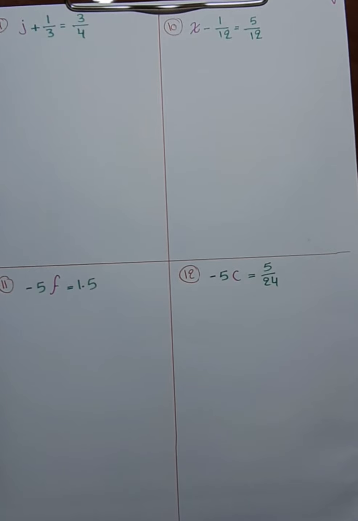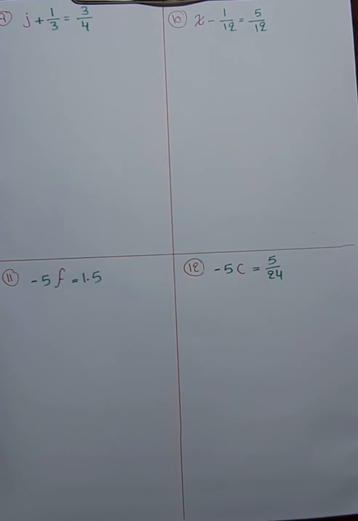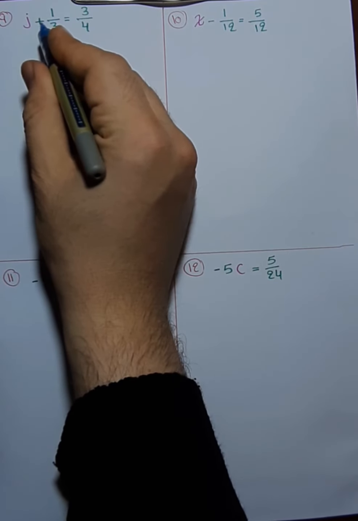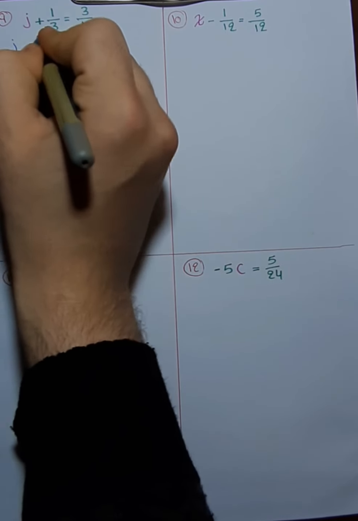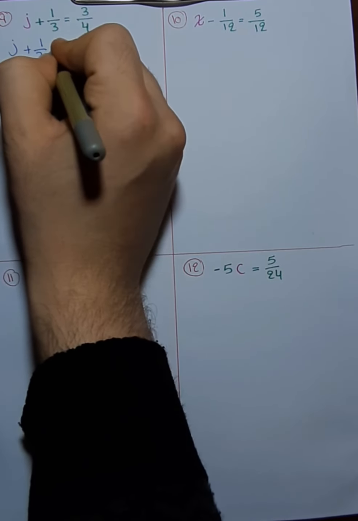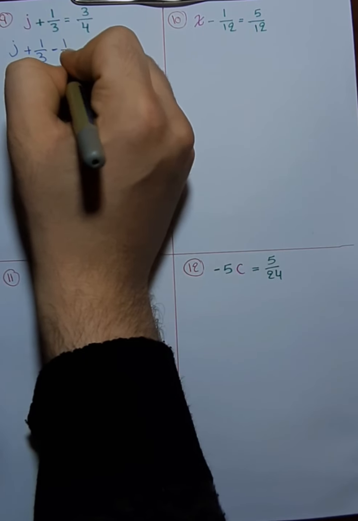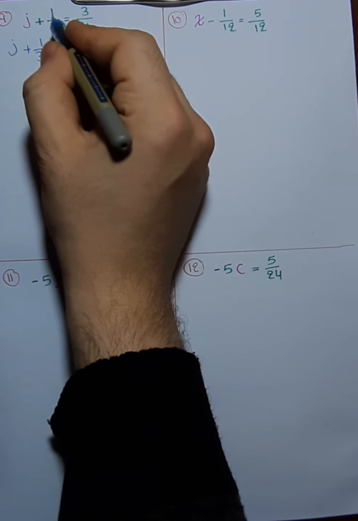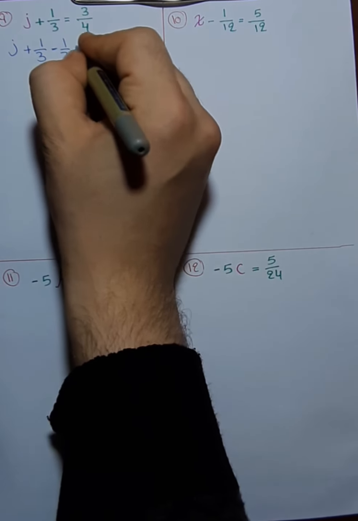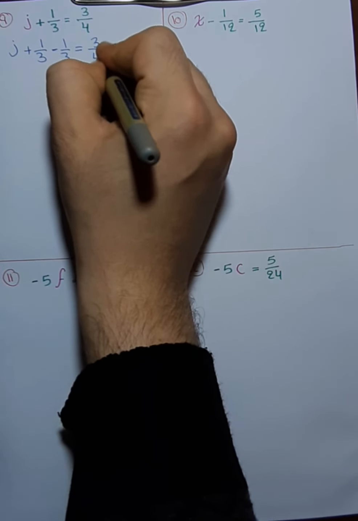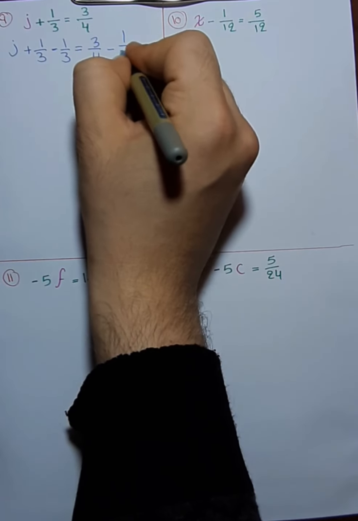Example number 9. We have J plus 1 out of 3 equal to 3 out of 4. We have to take the inverse of positive 1 out of 3. So J plus 1 out of 3 minus 1 out of 3, because the inverse of plus 1 out of 3 is minus 1 out of 3, equal to 3 out of 4 minus 1 out of 3.